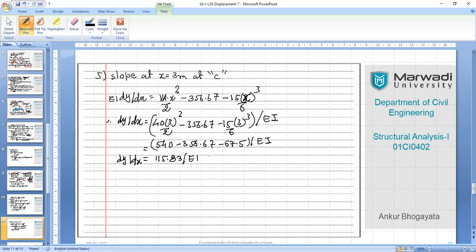So we can now simplify. We don't need to simplify this time because the given data EI is in form of kilonewton per meter square already. So we just need to divide 115.83 by 40 into 10 raised to 3, so divided by 40 divided by 1000, so it becomes 2.895 into 10 raised to minus 3 radians.